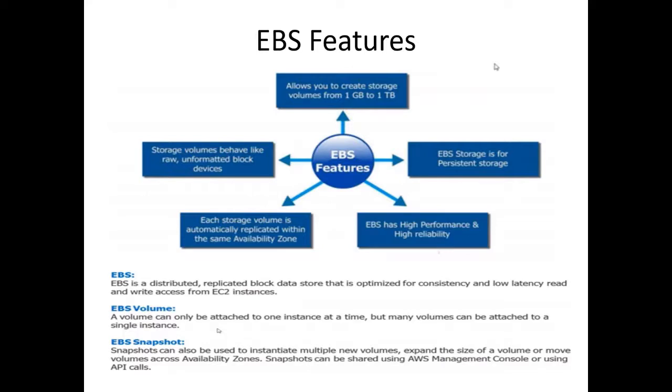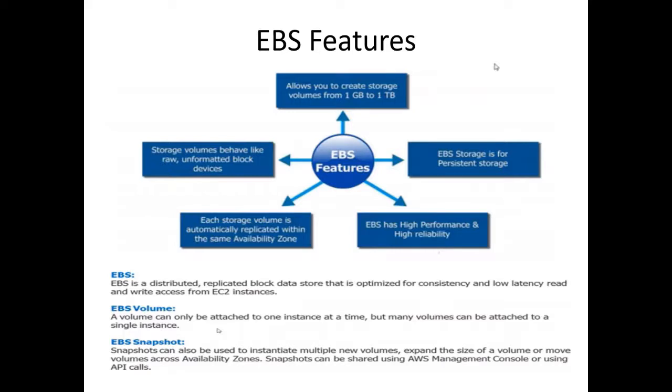Storage volumes behave like raw, unformatted block devices. EBS is a distributed, replicated block data store that is optimized for consistency and low latency read and write access from any EC2 instance. An EBS volume can only be attached to one instance.